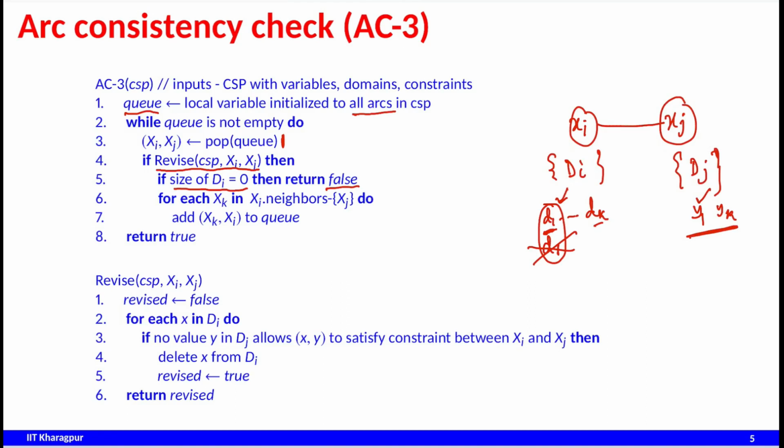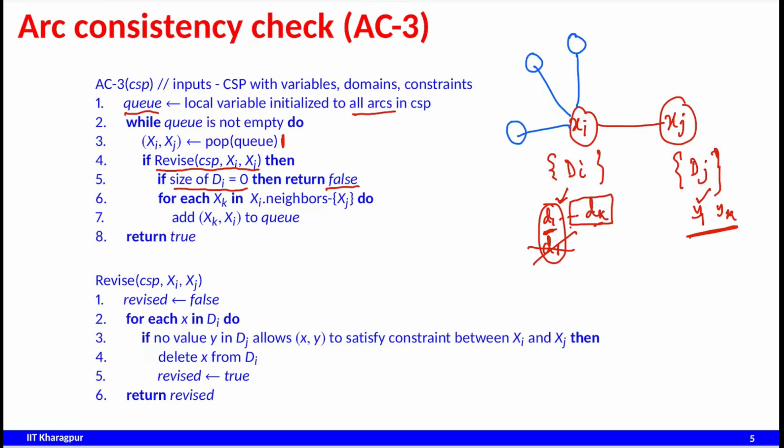And if that is not the case, that means some other values exist, then we look into the other neighboring nodes of xi. Some node will be sitting here, some node here, and so on.